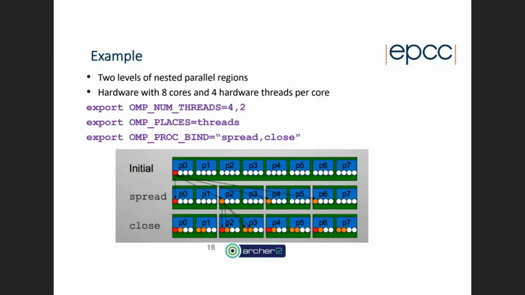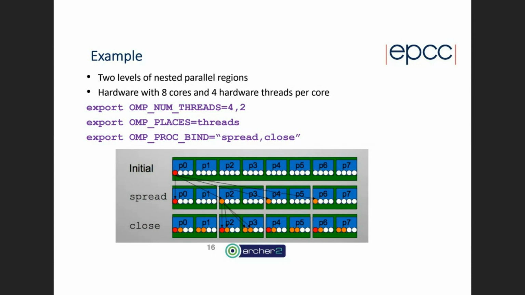Okay, it's maybe a bit easier to understand with an example. Suppose I have 2 levels of nested parallel regions, and the hardware has 8 cores in it, and each core has 4 hardware threads.